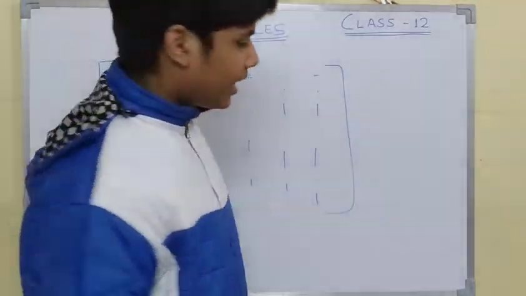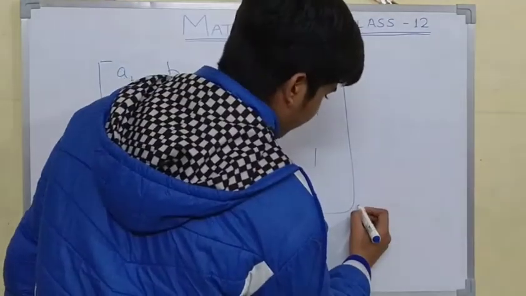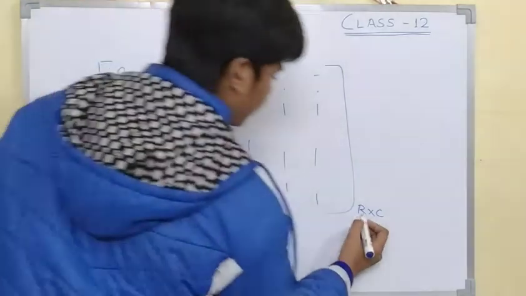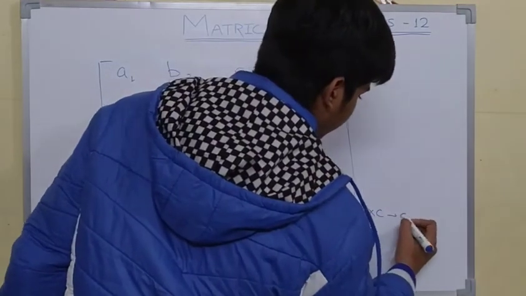If we write any matrix, it is necessary to write its order, that is R into C, row into column. This R is row and this C is column.